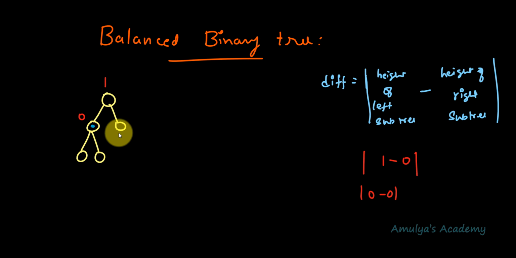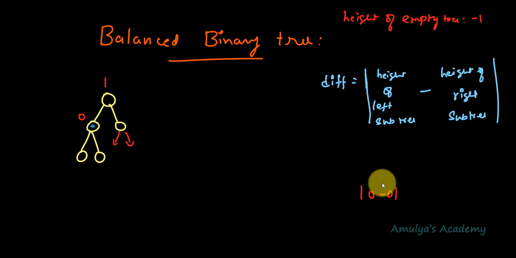Next, let's move on to this node. And here we can see we don't have a left tree or right tree for this node because it is a leaf node. And we'll take the height of an empty tree as minus 1. So here we can see it doesn't have a left subtree or right subtree. That is nothing but both are minus 1. So I'll get minus 1 minus of minus 1, like this.